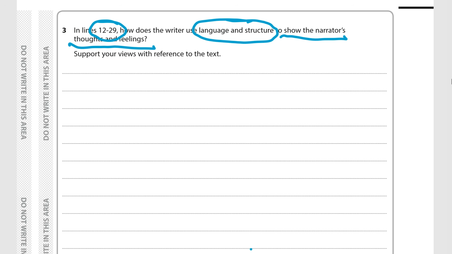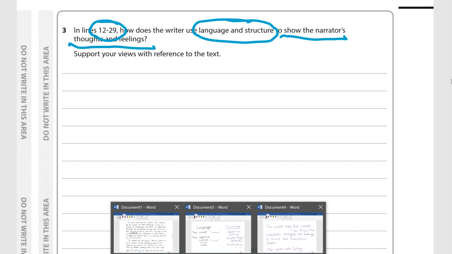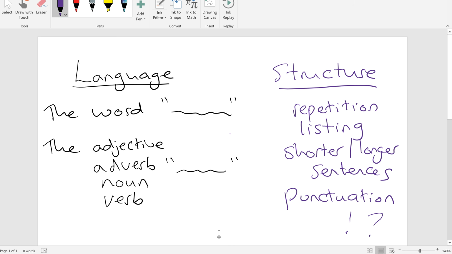Okay, so just to recap then about what is language and structure. So if we have a look here, the easiest way to think about language is it's just words, okay? So the easiest thing to do is just to find a word which you think shows the narrator's thoughts and feelings, and then write the word blah blah blah shows that the narrator is feeling blah blah blah, okay?